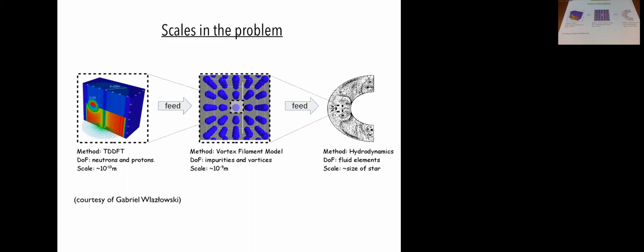The point is that you don't exactly know what the field configuration is in the interior. So what we do is look at the exterior and extract, let's say, the dipolar component quite far from the star, which is going to dominate the spin down. Maybe it's more complicated, you might also have toroidal components in the interior.